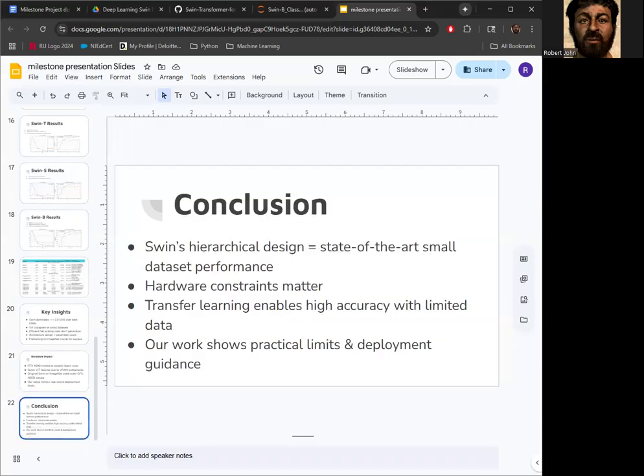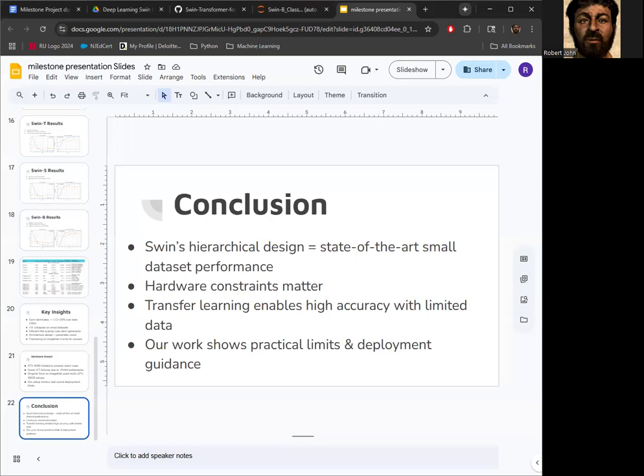And finally, to wrap up, based on the research, what I saw, Swin's hierarchical design proved to deliver state-of-the-art performance on small fine-grained datasets like the Oxford-IIIT. So it was a success. We also saw that the hardware constraints were not just a side note.